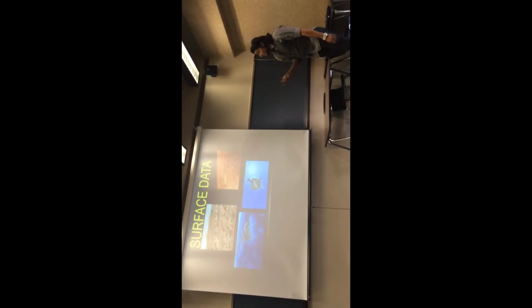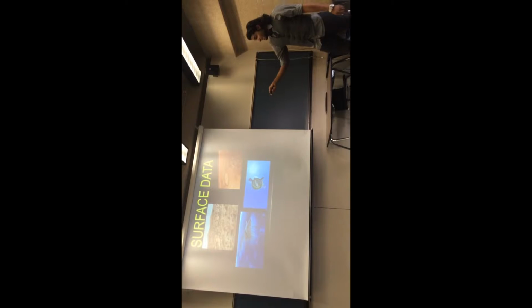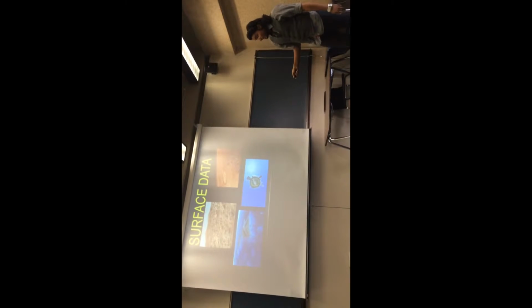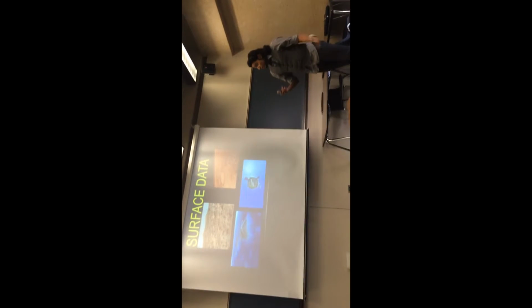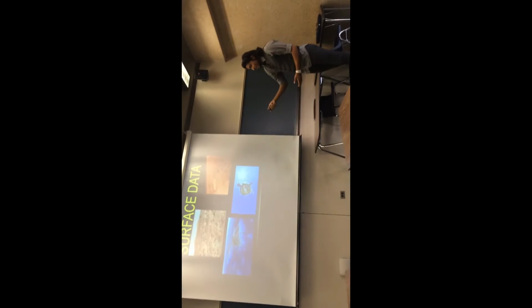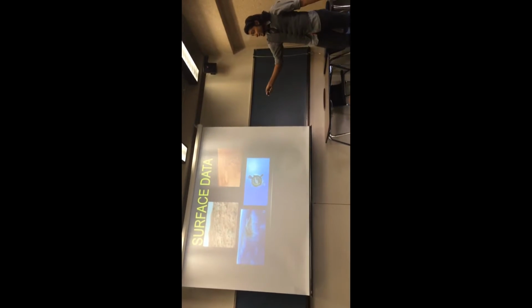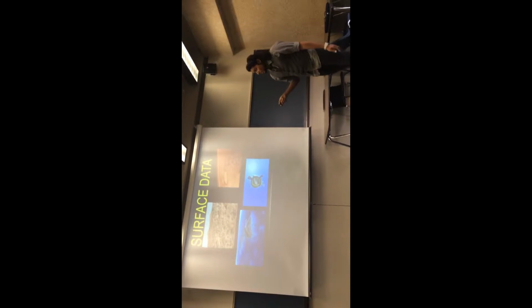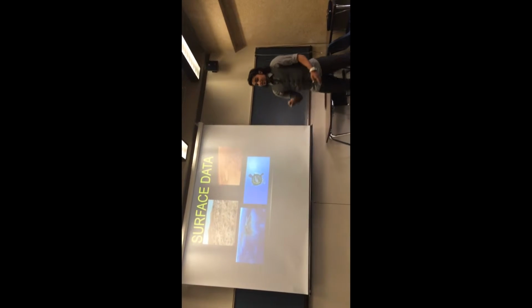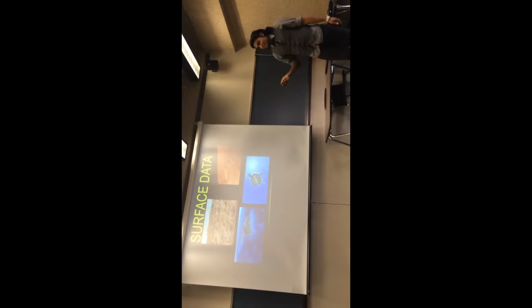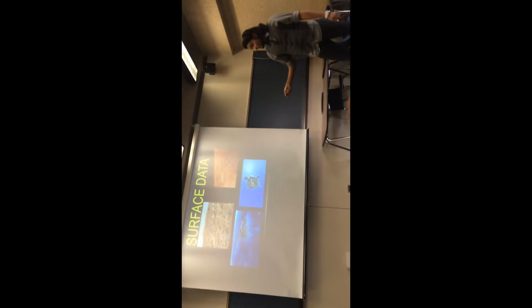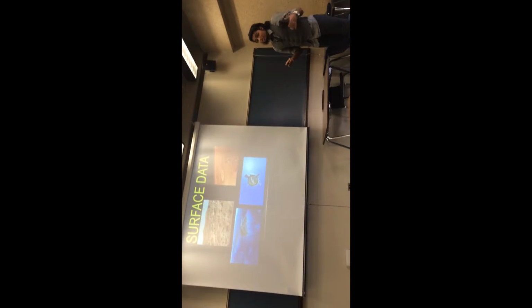Here, the surface data. Here we can see the surface. The Earth doesn't look like this, but we just want to show something different. Here is the surface data about Mars. There's always desert, dry desert, and high digging. And here the water: the water covers 71 percent of the Earth.